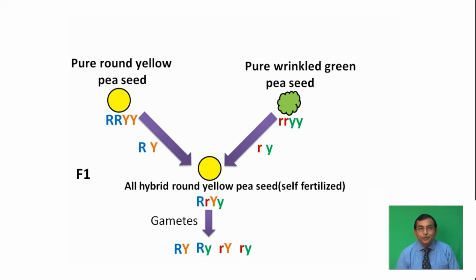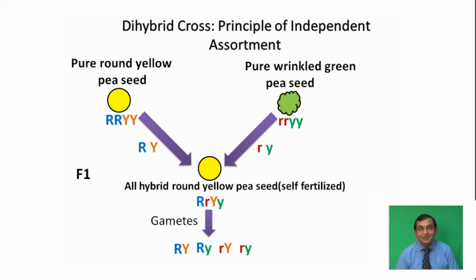Mendel also carried out another cross, called the dihybrid cross, or principle of independent assortment. In the dihybrid cross, Mendel selected round yellow pea seed and wrinkled green pea seed. Here two contrasting characters are there, round yellow and wrinkled green.